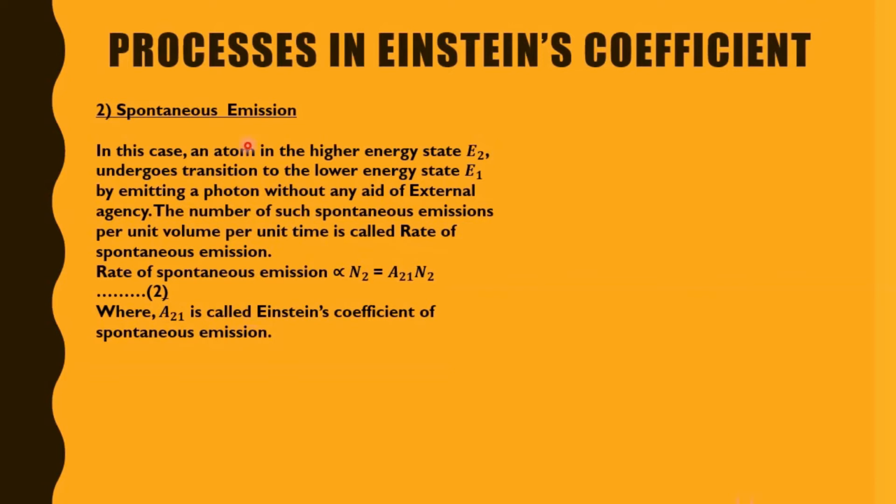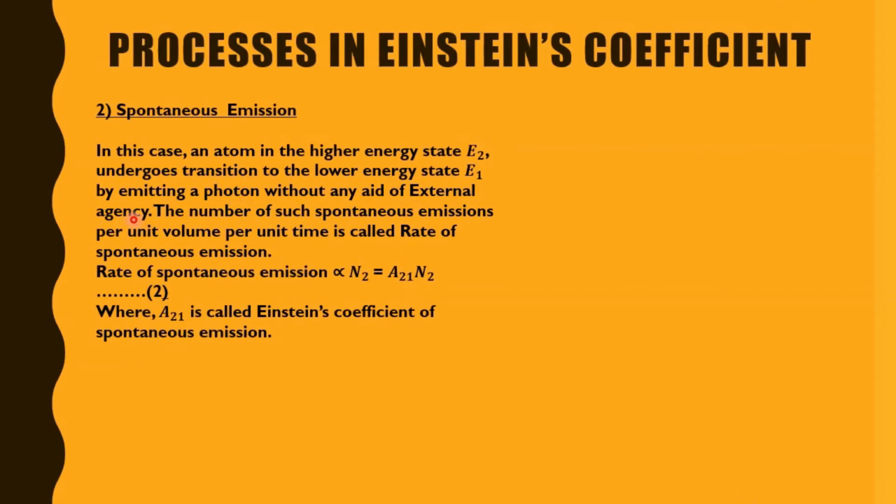Now the next process is spontaneous emission. In this case, an atom in the higher energy state, that means E2, undergoes transition to the lower energy state, that is E1, by emitting a photon without any aid of external agency. That means without taking any help from an external agency, it will emit a photon.